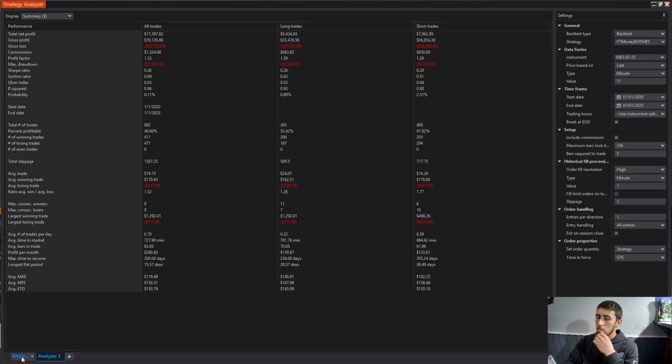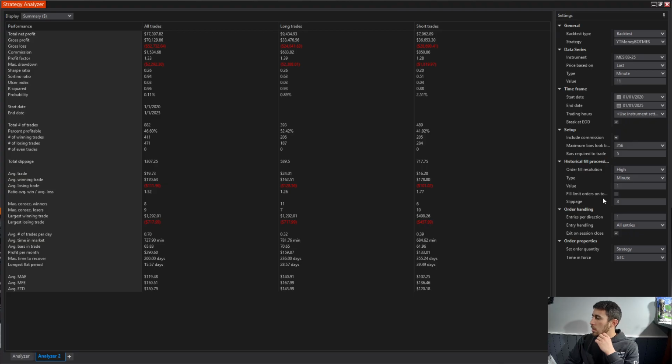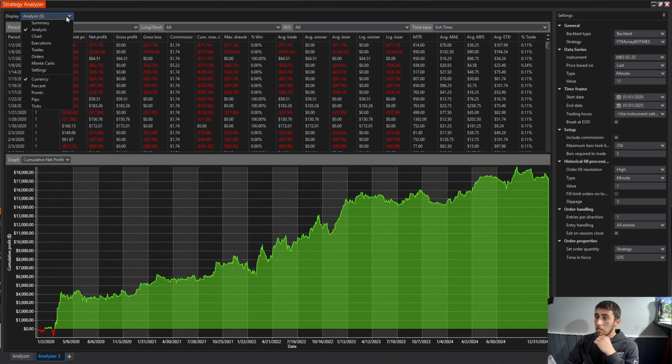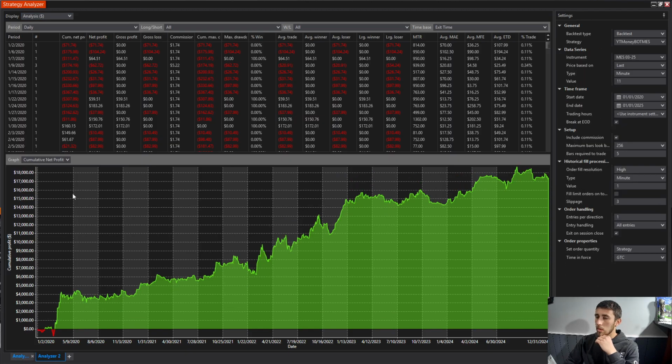Okay, so yeah, I guess ours made 3,000 more bucks in that same amount of time. Yeah, 2,000 more dollars on the short side. Not really sure how, because it should be the same. But yeah, equity graph 1. Here's the second. Obviously very similar. Gonna have slight differences, that's normal.